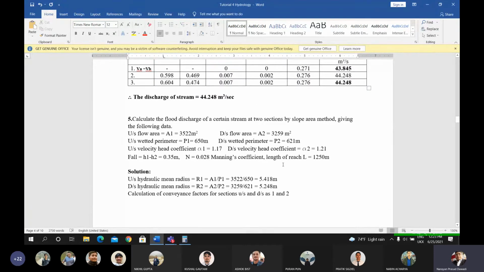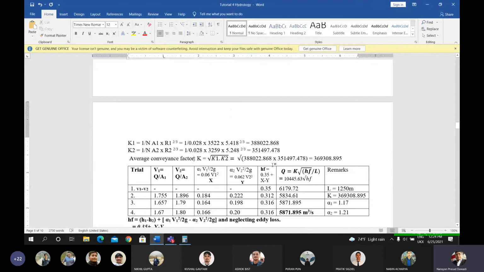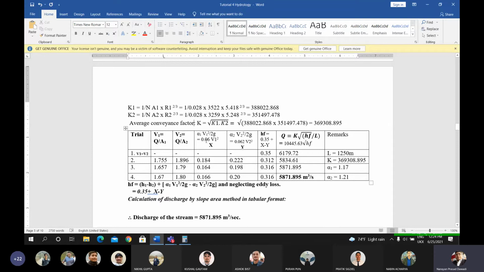So the head loss due to eddy is considered as 0. The difference between alpha 1 V1 square by twice g and alpha 2 V2 square by twice g is the velocity head, and ke times that difference becomes 0, because we don't have the eddy loss coefficient given in this question.